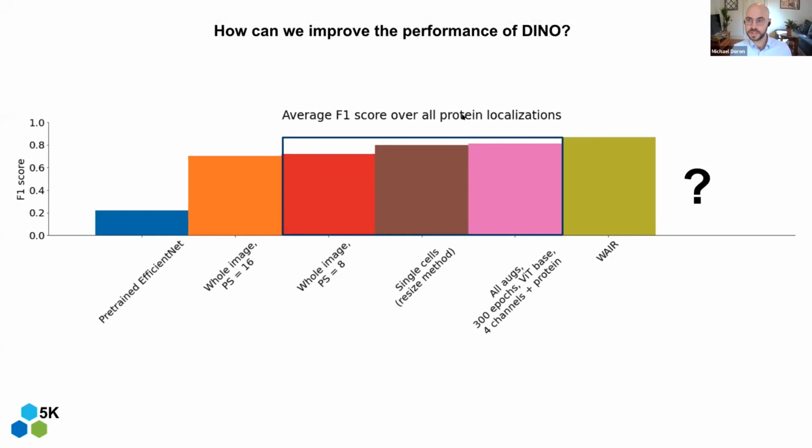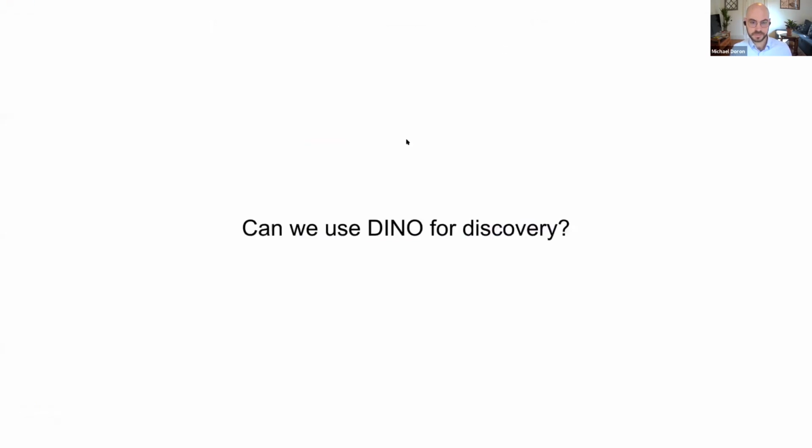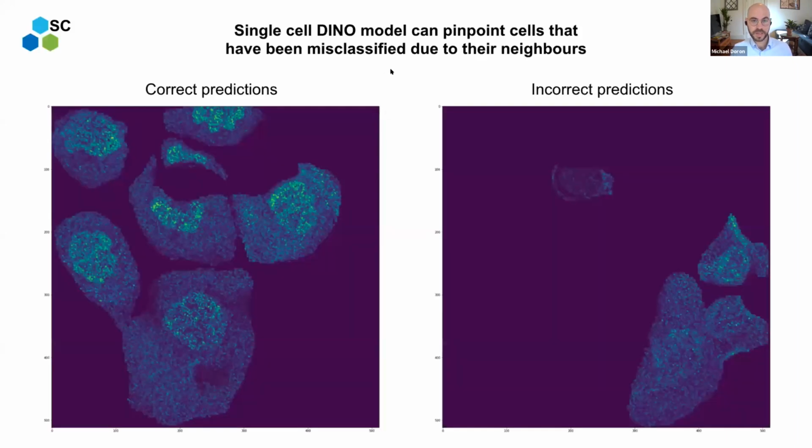And in the short time that I have left, if I have, I want to show you a bit about how we can use Dino for discovery. What we have here are 2 cutouts of the cells from the same culture.